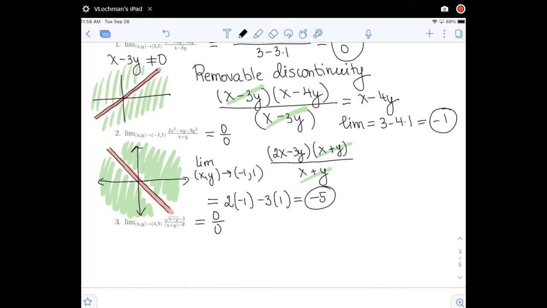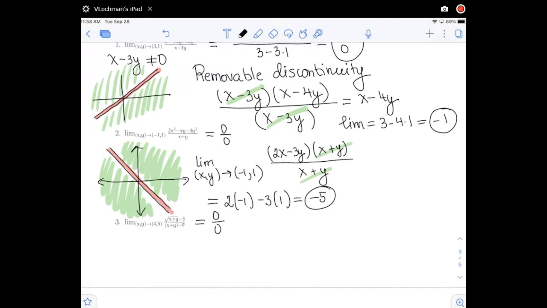The domain of this function is a little more complicated because there are a couple of things that we need to keep in mind. First, we don't want the denominator to be 0, but also we'll need to make sure x plus y is greater than or equal to 0, right? So that's the radical expression.